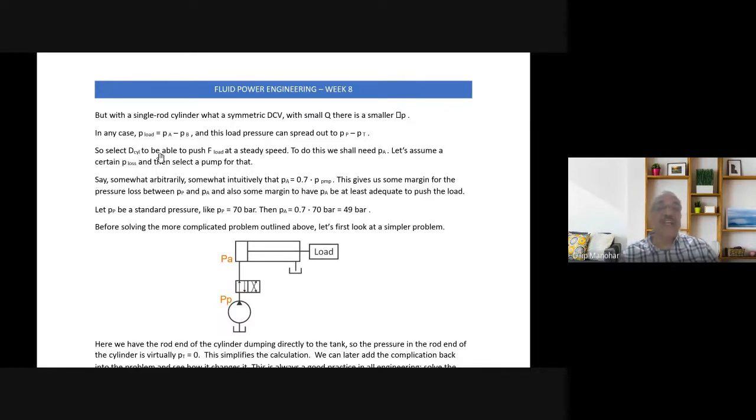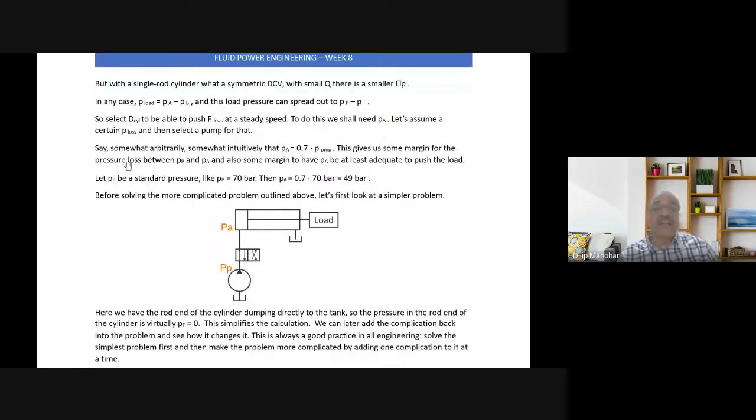So let us now select the diameter of the cylinder to push the F load at a steady speed. For that, we require to assume PA. We require to take some value of PA. Let us assume some pressure loss here, that means loss between PP to PA. Assume some temporary pressure loss, and then we calculate and select the pump based on that.